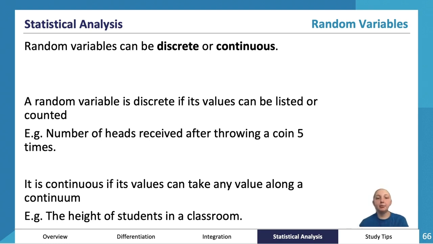And then a variable is continuous if its values can take any value along a continuum. So for example, heights of students in a classroom, if you had the equipment to measure it properly, measuring down to tiny little increments. So it can take any value on a continuum.